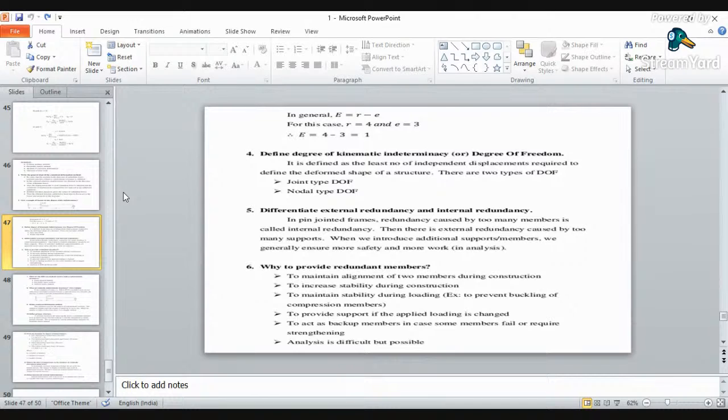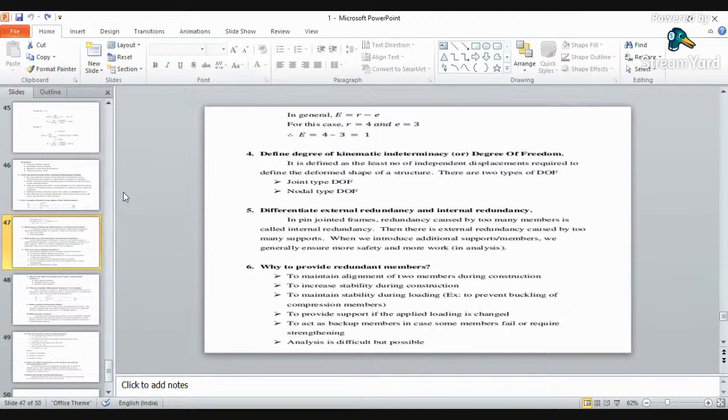If you consider a single room, you have 8 nodes, that is 48 unknowns. Suppose you apply fixed joints on all four corners: 4 into 3, that is 12 unknowns, will be removed. So 48 minus 12, that is 36, will be unknown. You cannot solve 36 unknowns by the various methods.